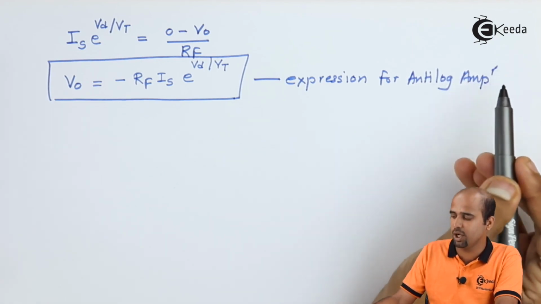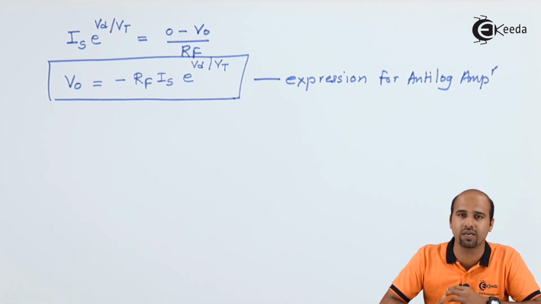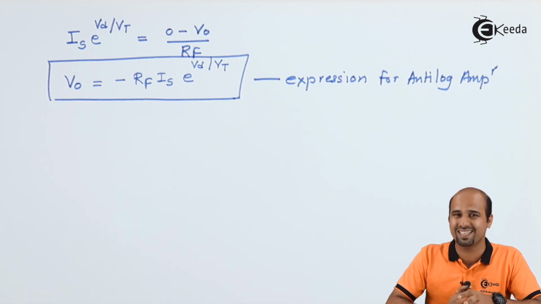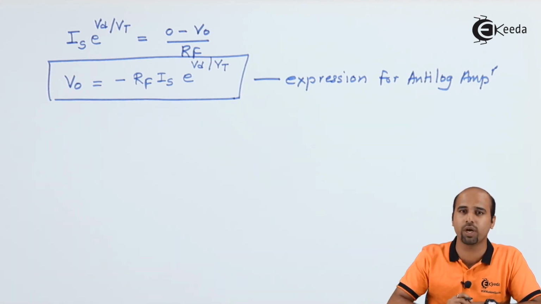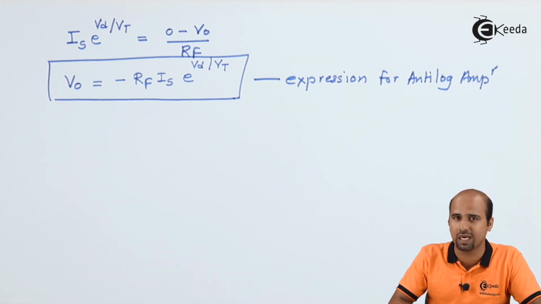Now this anti-log amplifier is doing the job exactly reverse to that of your log amplifier. Log amplifier is doing the dynamic compression, right? And the anti-log amplifier is increasing exponentially. The value which is increasing exponentially, that job is done by the anti-log amplifier.